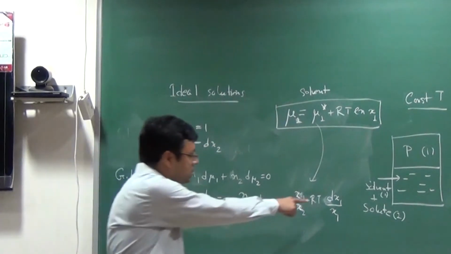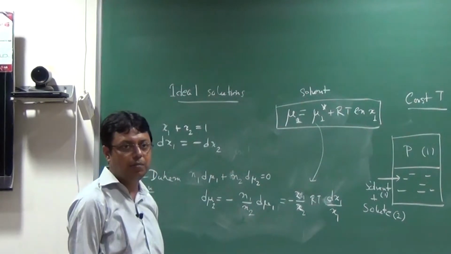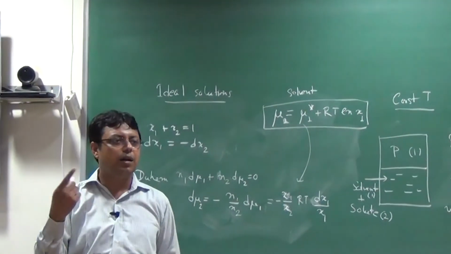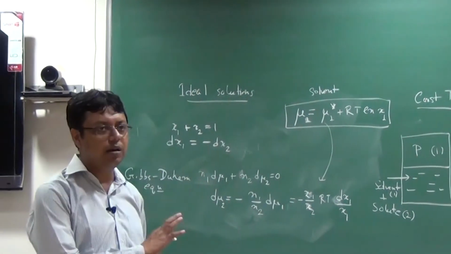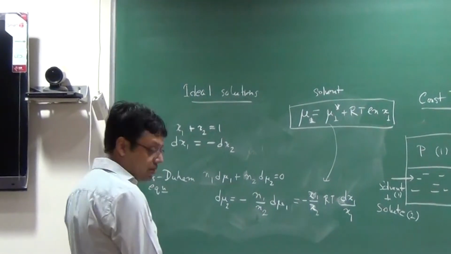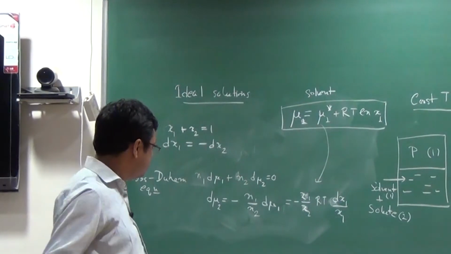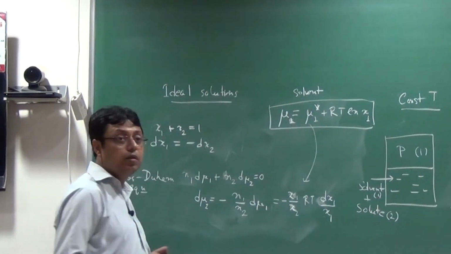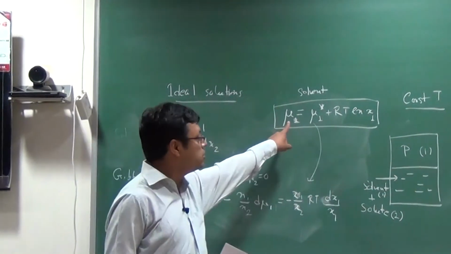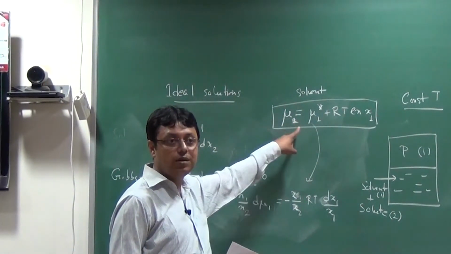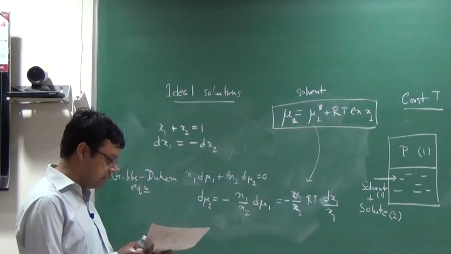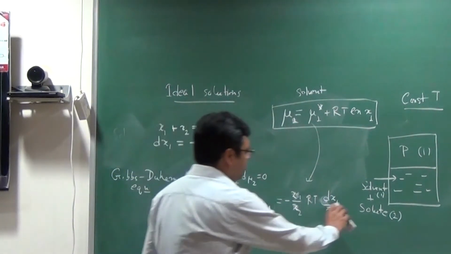So I'll replace this by minus dx2, and instead of x1 I can write 1 minus x2. Then I'm done already. So what we are doing right now is going from a solvent equation for 1 to an equation for 2, and I'll repeat it once we are done.